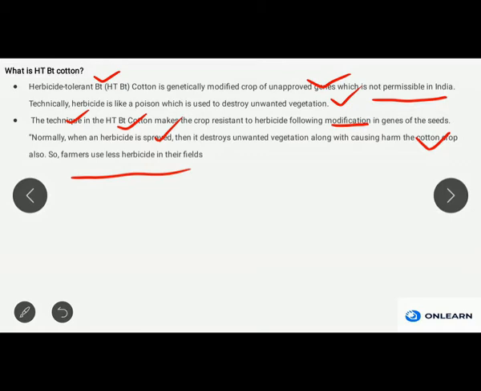That is the reason why herbicide spraying is not feasible. Whereas herbicide tolerant BT cotton is genetically modified cotton that is naturally tolerant to herbicide. I have used the word naturally in a special context, but basically it is artificial gene transplantation.